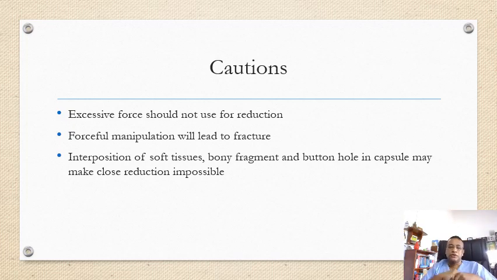So if it is not reducing with closed methods, go back to your X-ray and see: is my diagnosis correct, is my positioning and maneuver correct? You have to keep these things in mind. There is no point in trying to relocate repeatedly with excessive force. When there is doubt, you have to call your seniors.